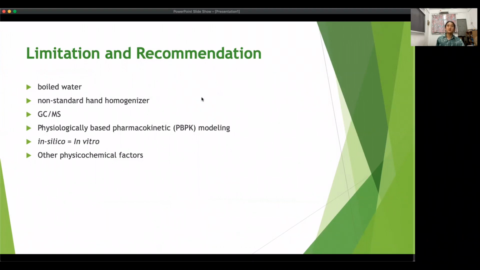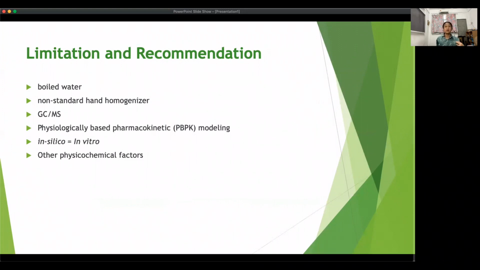I prefer distilled water and a lab homogenizer. To determine the components of VCE and VCO, GCMS is recommended in future studies.